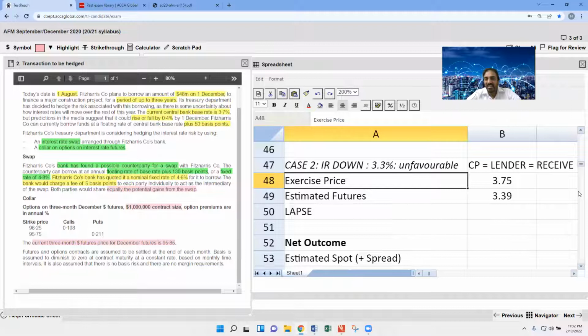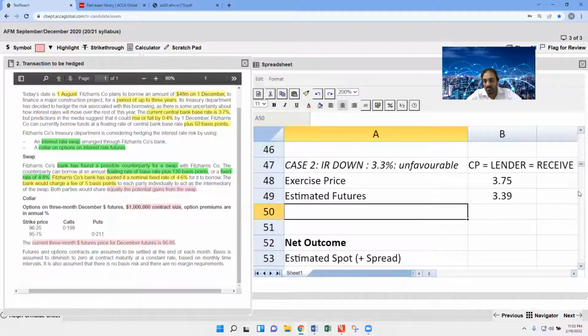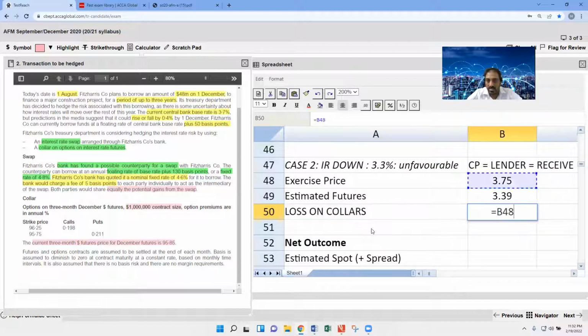Otherwise, with exercise, 3.75. So the counterparty will exercise, yes or no, as a lender. If the counterparty exercises, that's a loss on collars: $0.36.